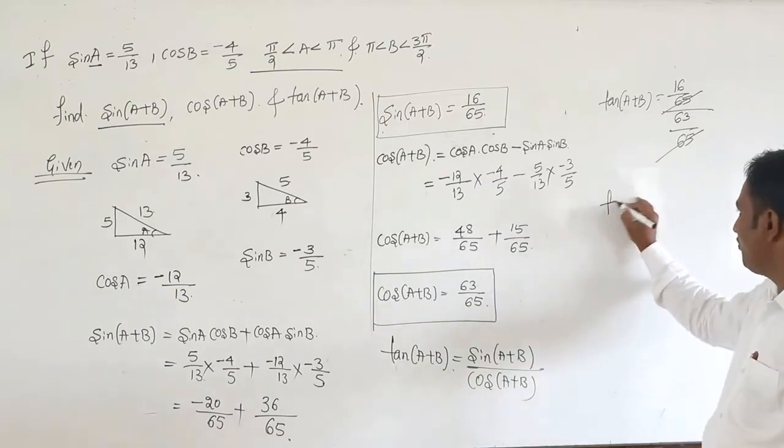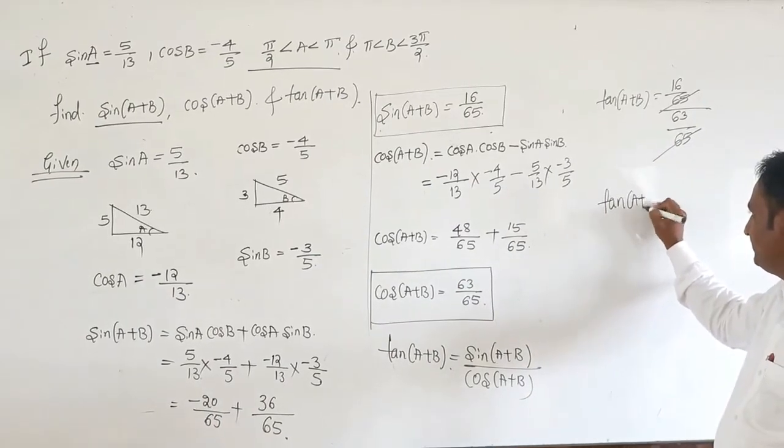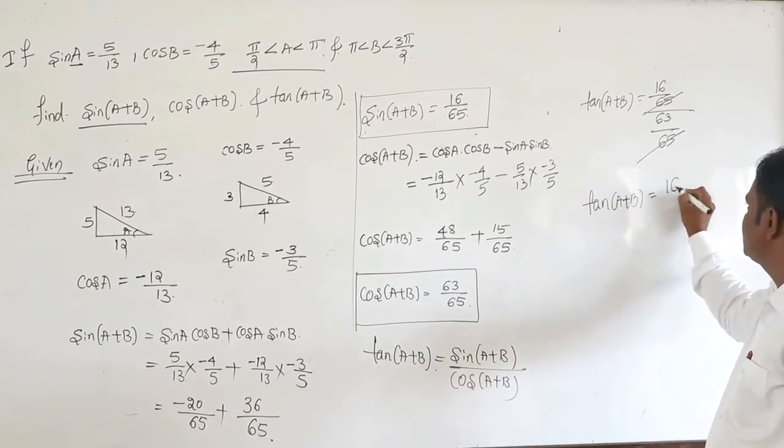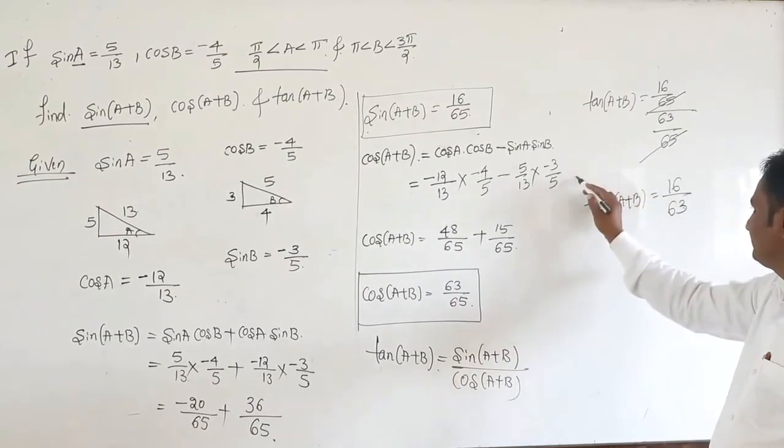Then tan of A plus B is equal to 16 divided by 63.